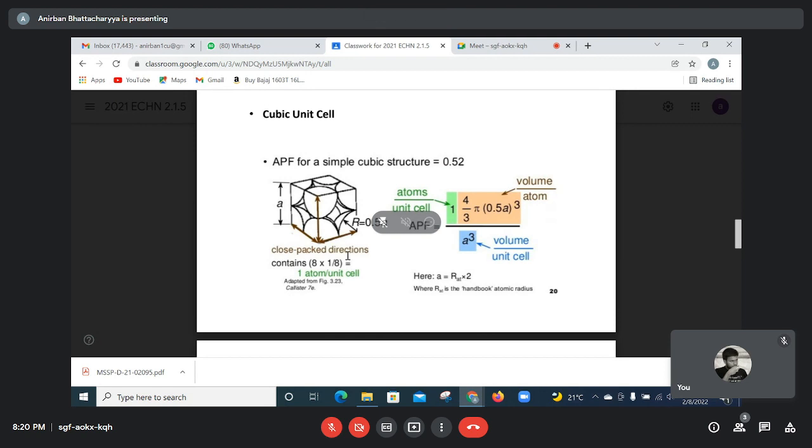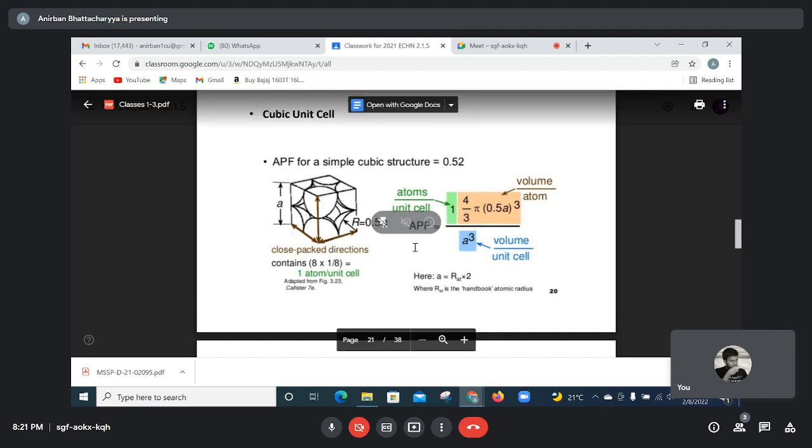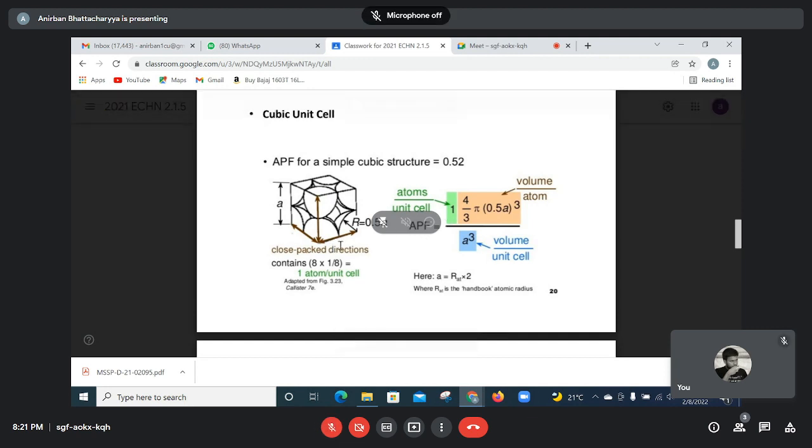And 1/8 of a whole atom is inside the cube. So how many corners are there? 8. And how many atoms then? 1/8 into 8 is 1. So what is the packing fraction? If the radius is r, the distance between the two atoms is how much? Twice of r?